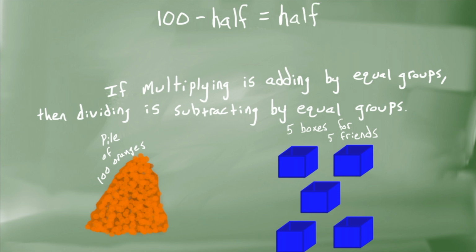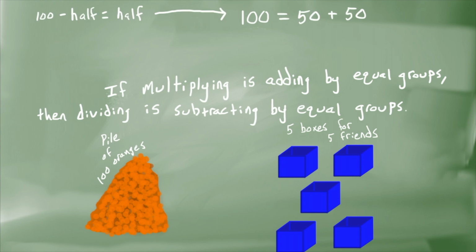Therefore, we know that 50 plus 50 is equal to 100. Therefore, if we had 2 boxes instead of 5, it would be 50 each. If we break that 50 up, we know that 4 boxes then would be 25.